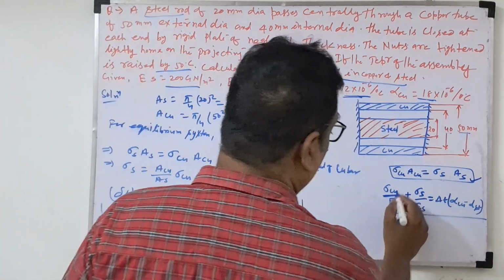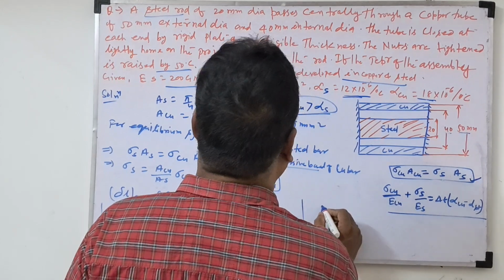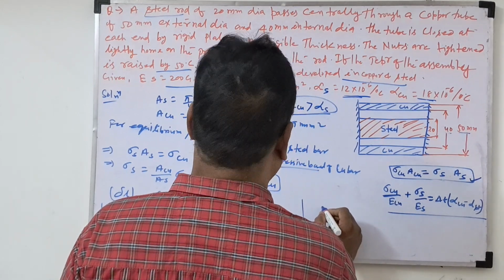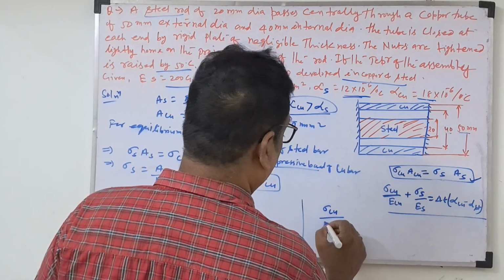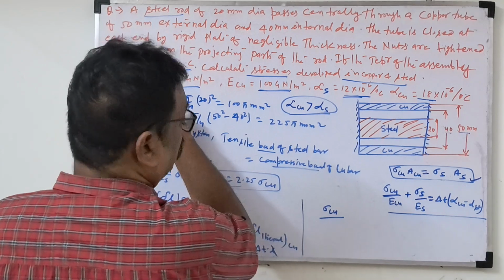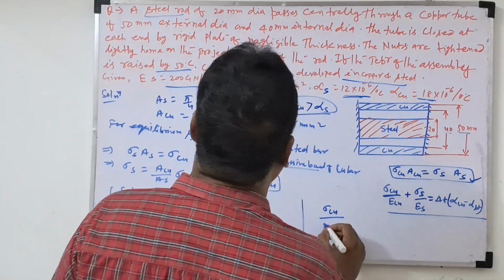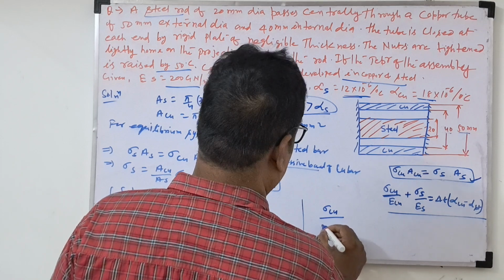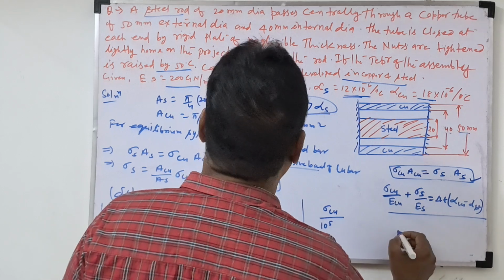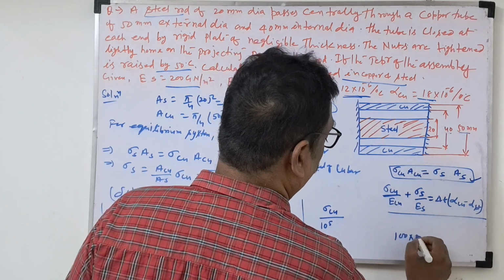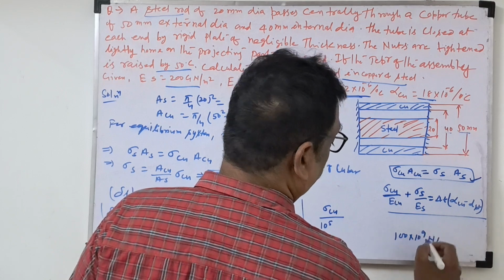Now if we substitute all the values here. See, stress, one step I'll write, then I'll write the answer directly. Sigma Cu as it is, sigma Cu by E Cu. This value will be there now. In Newton per meter square, it is 100 into 10 power 9.